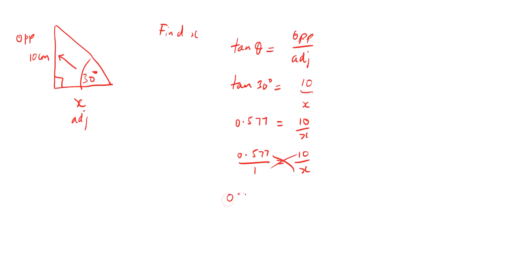So 0.577x is equal to 10. Therefore, x is equal to 10 divided by 0.577. And therefore, x is equal to 17.3 cm.